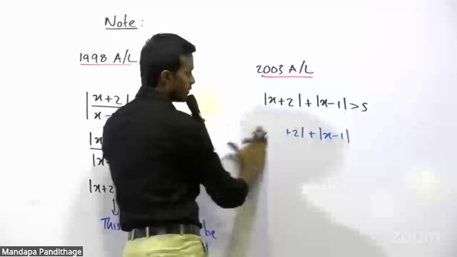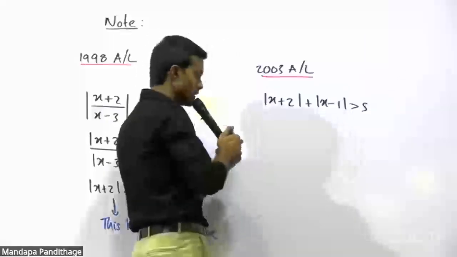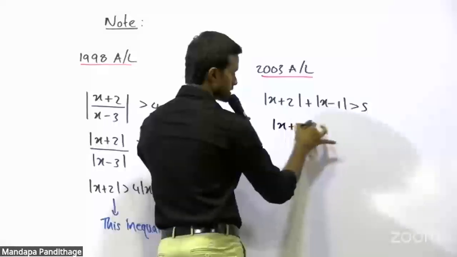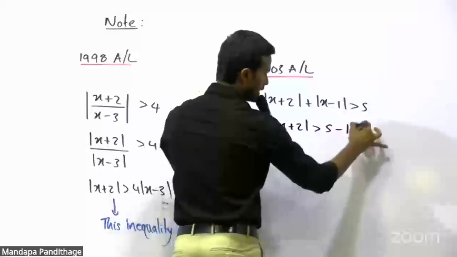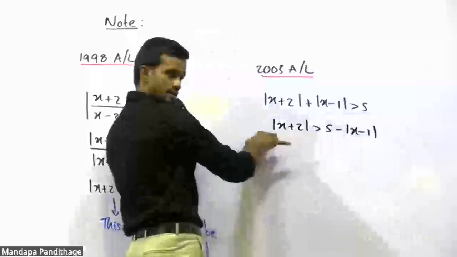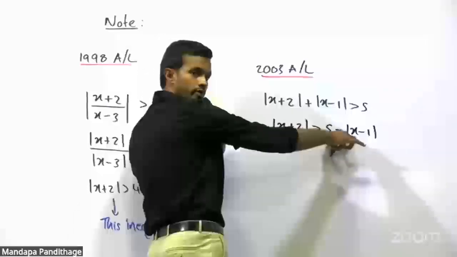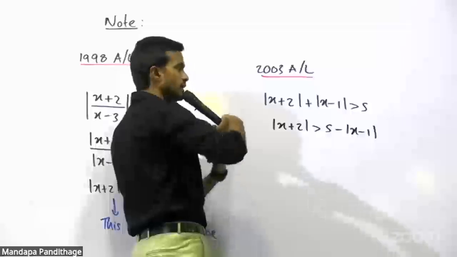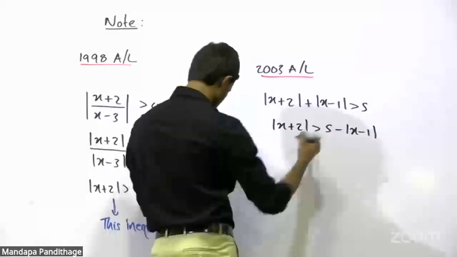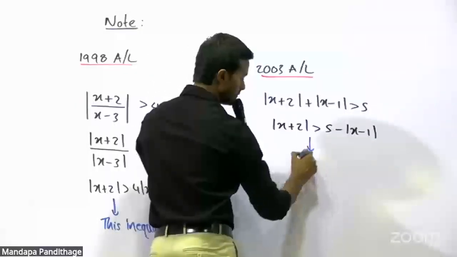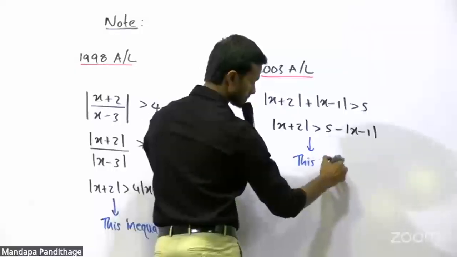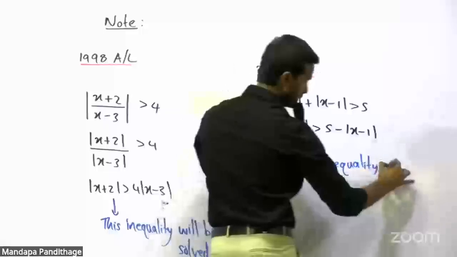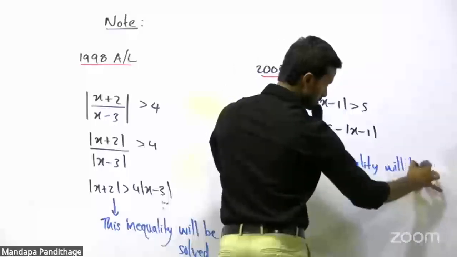So we can rearrange the inequality and send one modulus to the other side, and then you can sketch this one and that one. Instead of solving the original, I have rearranged the inequality, and this inequality will be solved.